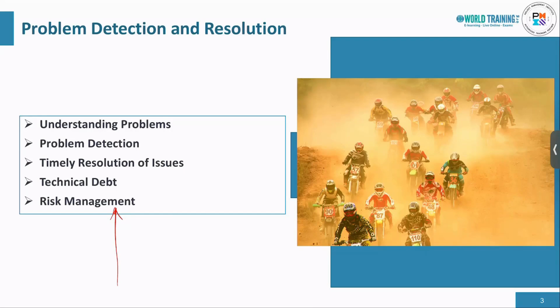We will be covering risk-adjusted backlog, risk-related spikes, risk burn-down chart, risk burn-up chart, and in the end, we will be talking about some good practices about risk management in Agile.